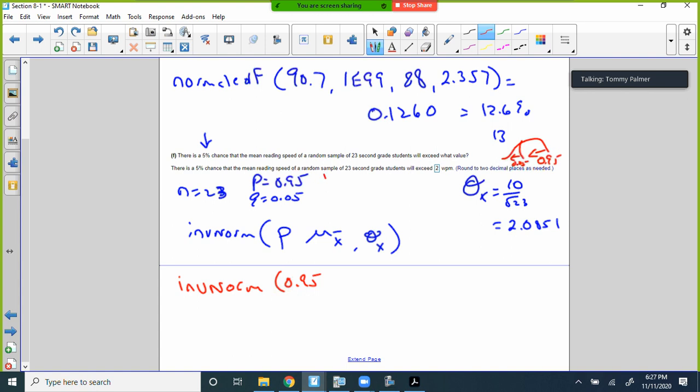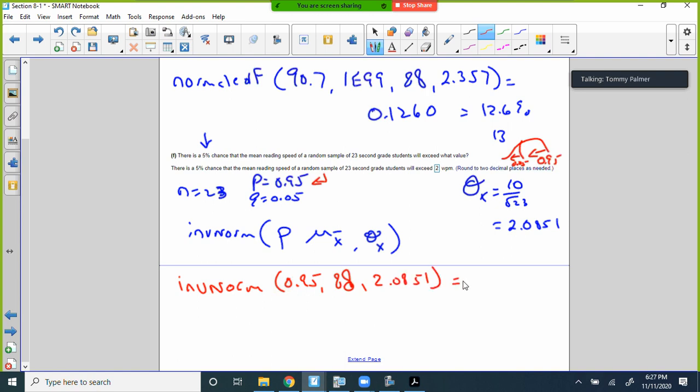That's why I made this P be 0.95 and not 0.05. Do you understand? We want to know what it's going to be. So 0.95, then 88, and then 2.0851.